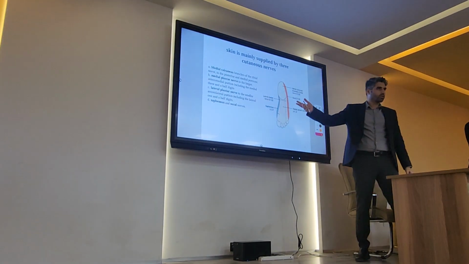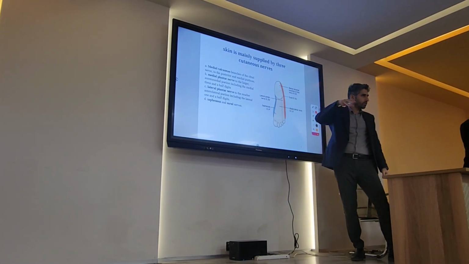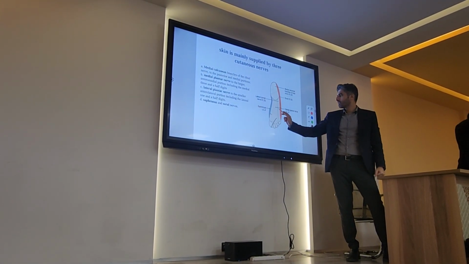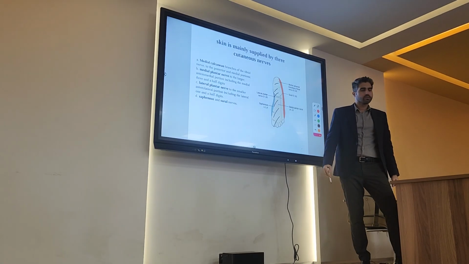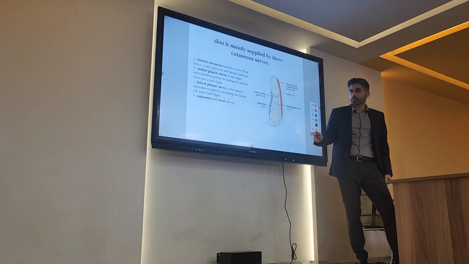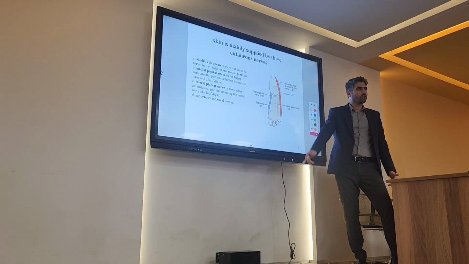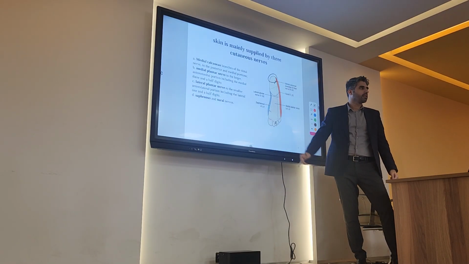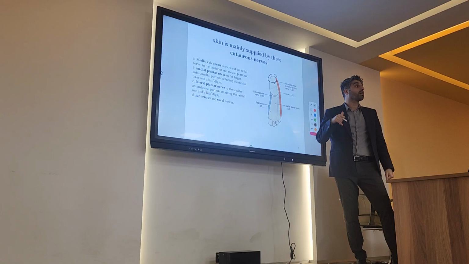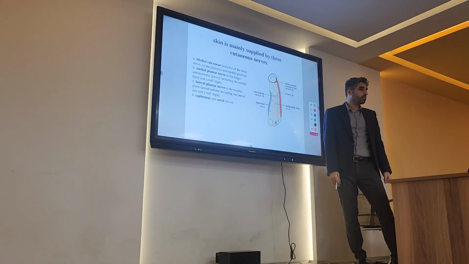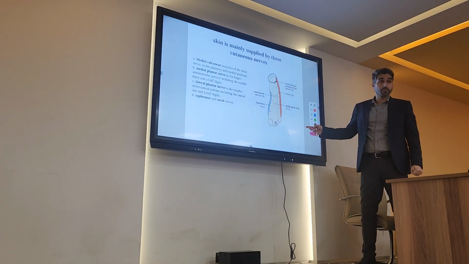So we had two questions. Most part of the skin in the plantar surface, medial plantar. Toes number 3, again medial plantar. Previously we had one question, sense of the heel, medial calcaneal branch of the tibial nerve. So these points, they are important.